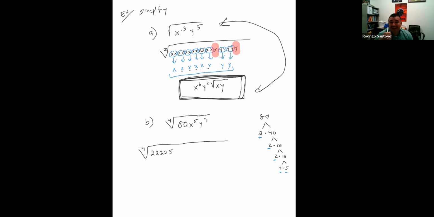In regards to y's, I got 9 of them. So I really just factored out that inside, just broke it up completely. Any questions so far? Any questions?